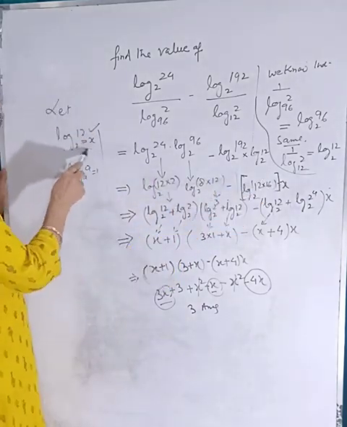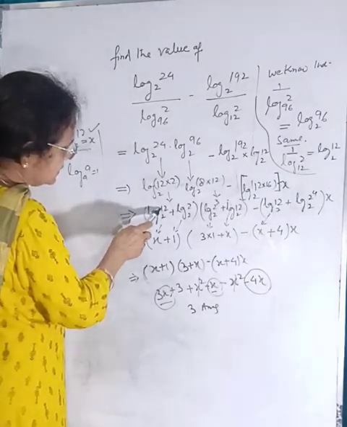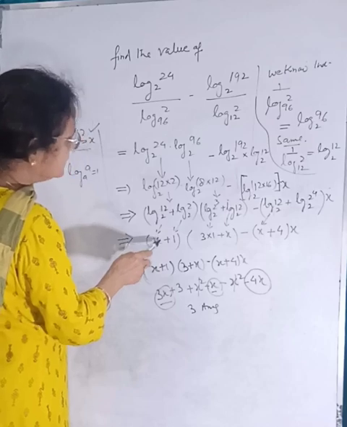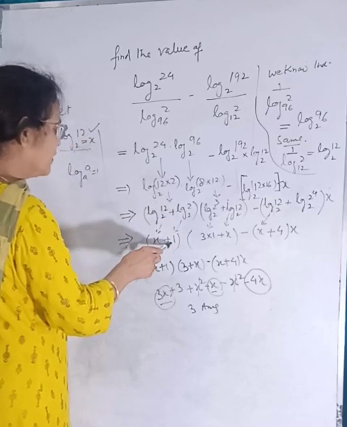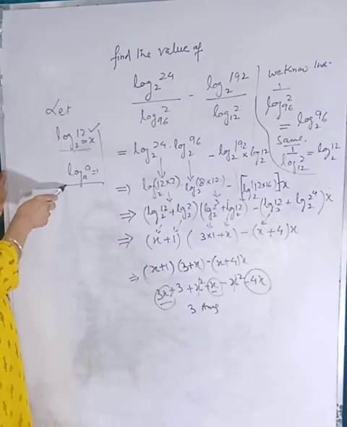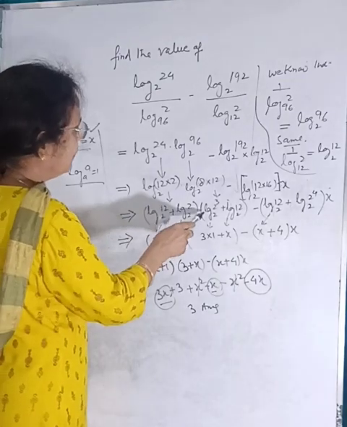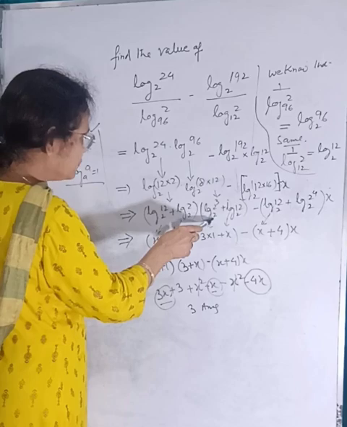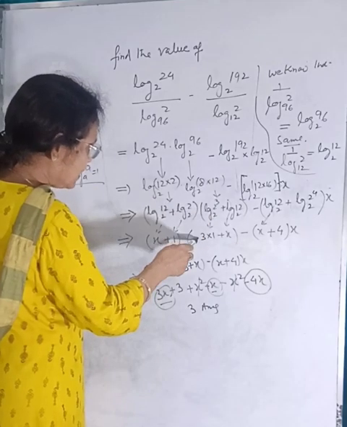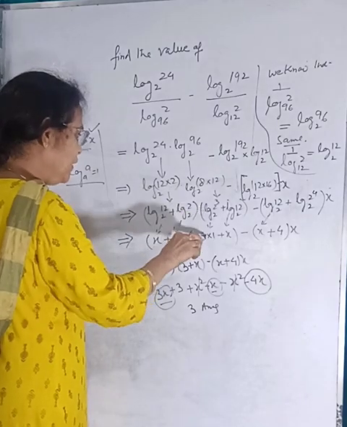Now this x is what? x is equal to log of 12 with the base 2. This log of 12 with the base 2 is x plus log of 2 with the base 2 single without any power, so that it will become 1 because log of a with the base a is equal to 1 होता है, इसलिए 1 लिख दिया. Within bracket log of 2 to the power 3 with the base 2, 3 become because side of the log into 1.